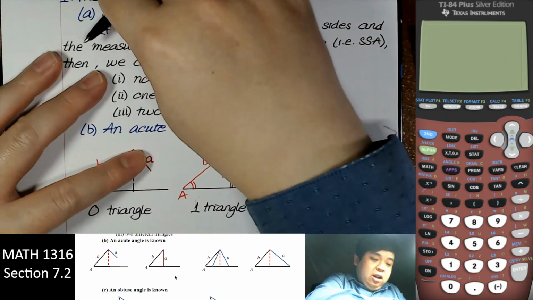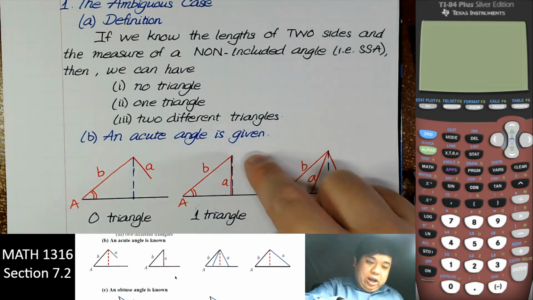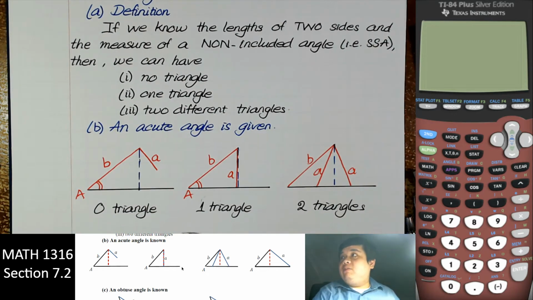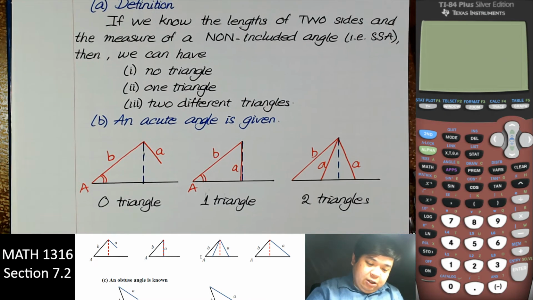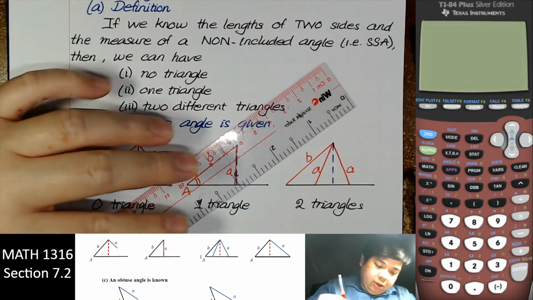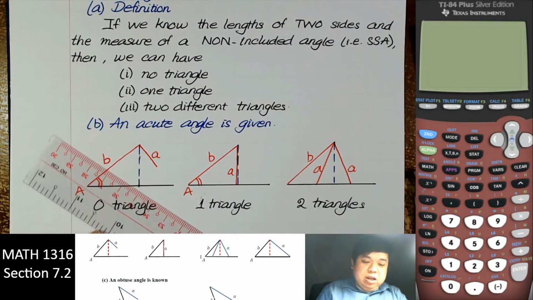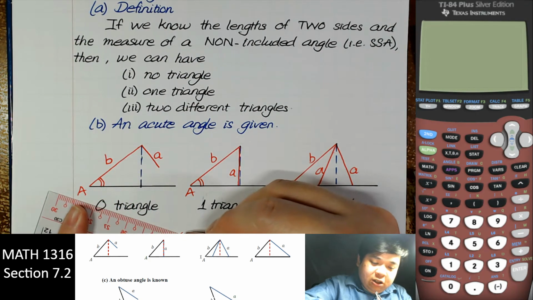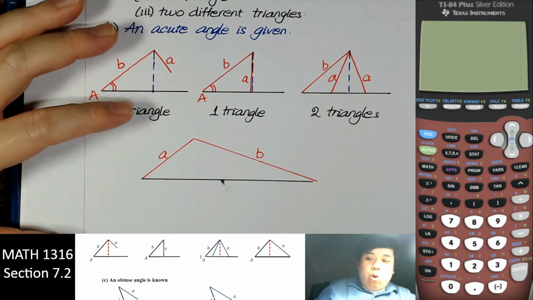And if the third side is way too long, we also have one triangle. If this is way out here, it will be one triangle as well. So if we know side A and side B is way too long, in that case we only have one triangle.